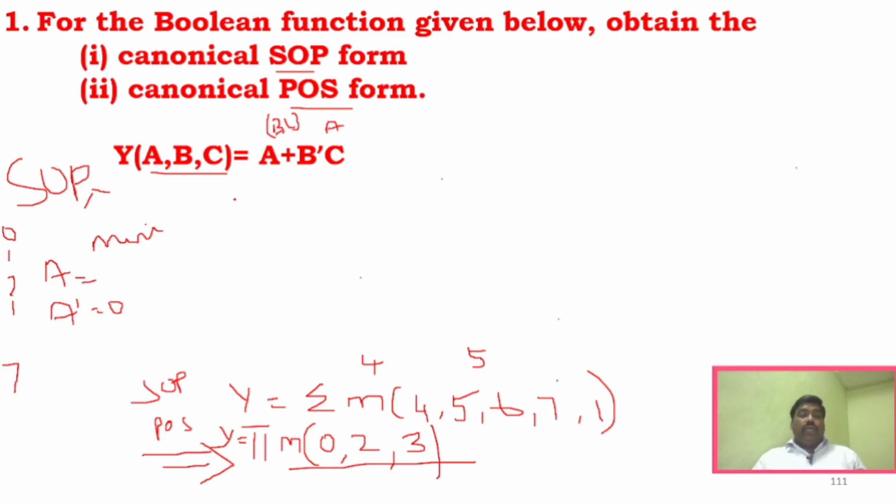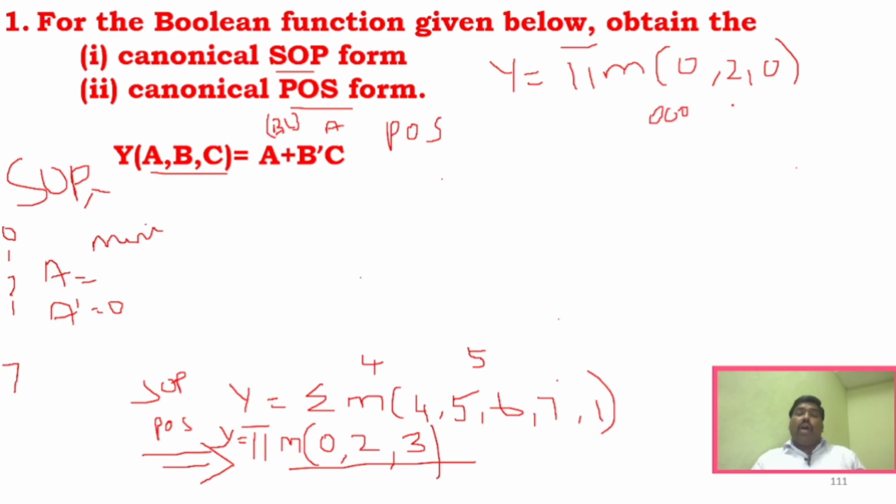So now we will find the canonical form for this particular expression. The expression is, we'll write it again, y equals pi m, 0, 2, 3. This is what we have obtained. Now you know how you will express this one. It is a product of sum. So how will I represent 0? 0 will be 0, 0, 0.